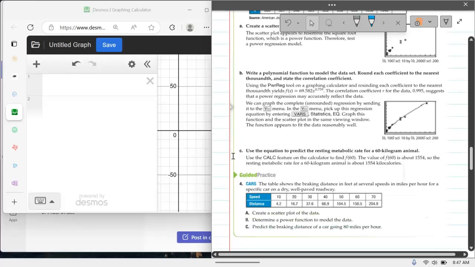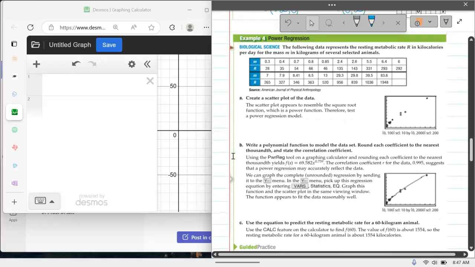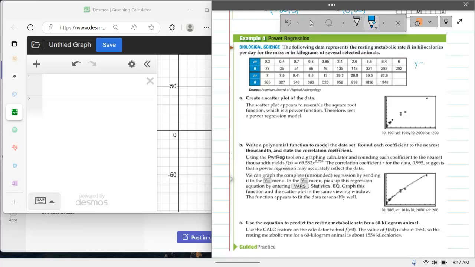So a power function that we're trying to get it to write would be in the generic form, y equals ax to the b. That's a power function. So that's what we're going to be using in Desmos. We need to know that function because it says power regression.